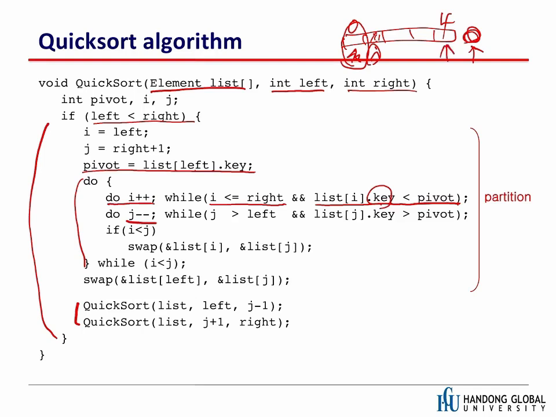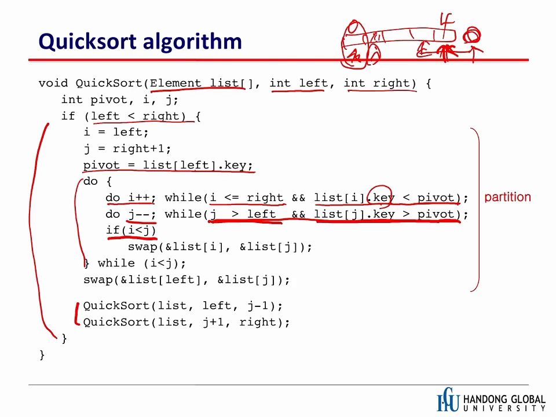So j starts from here, as long as j is larger than left, and as long as list[j] key is larger than pivot. As long as these conditions are satisfied, j goes down. And if we meet an element smaller than pivot, then j stops here.